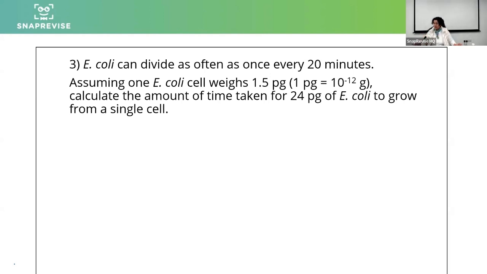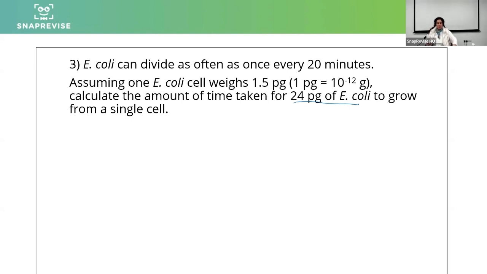Let's break down our approach to this question. So, how much time is taken for 24 picograms of E. coli to grow? First thing I need to do is to convert that into number of cells.